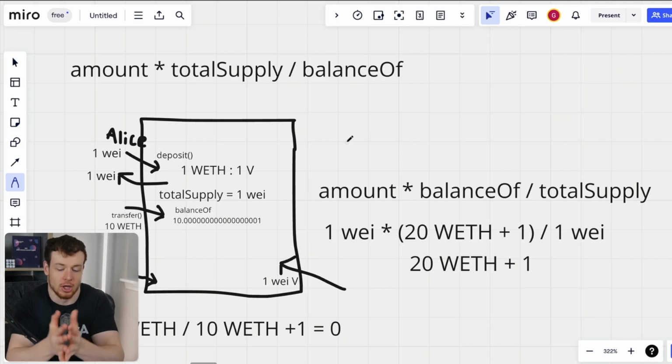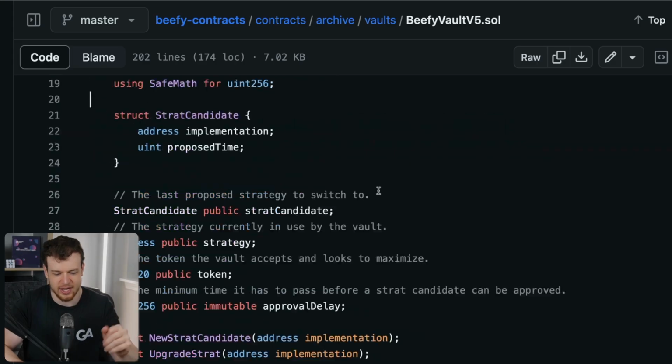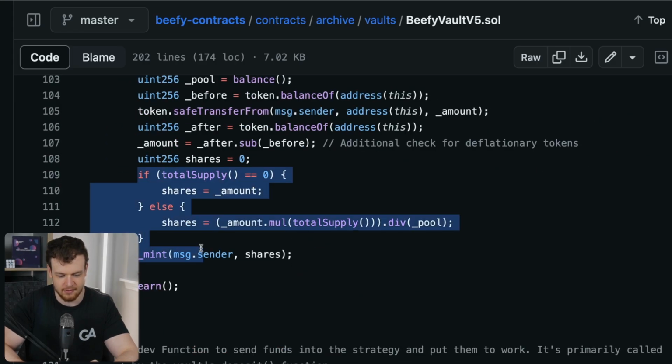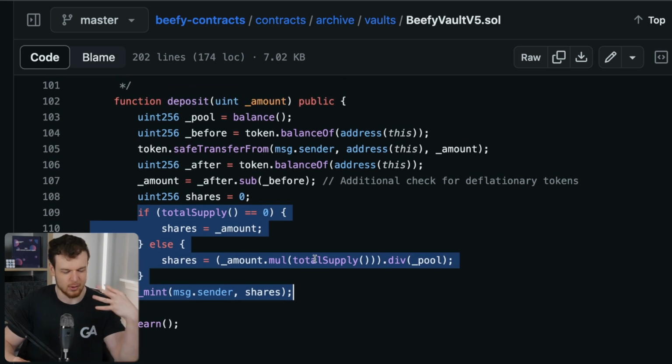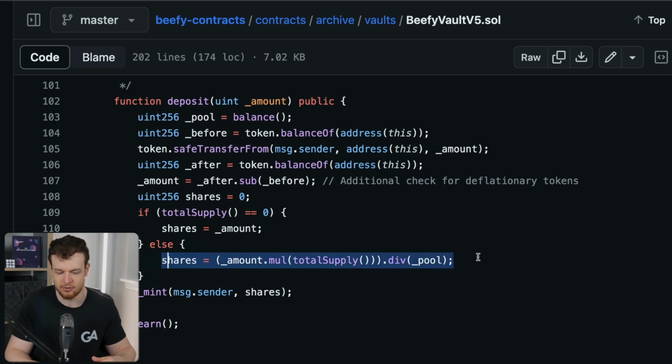So that is really the canonical application of this inflation attack and how it applies to ERC 4626 like vaults. So vaults that are basically just similar to the ERC 4626 standard, vaults that look like that, vaults that really have these if and else and mint right here. A lot of vaults you'll see really look like that, where they just have this case: if the total supply is 0, then we have a 1-for-1, and then else we have a conversion based on the total supply comparatively to the vault of the pool, the balance of the vault, really.